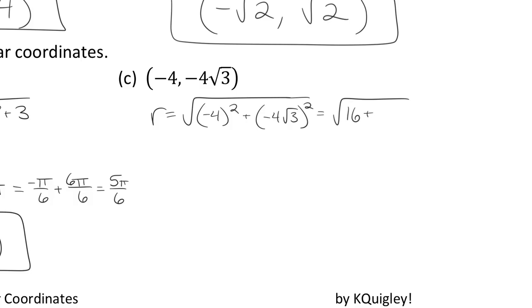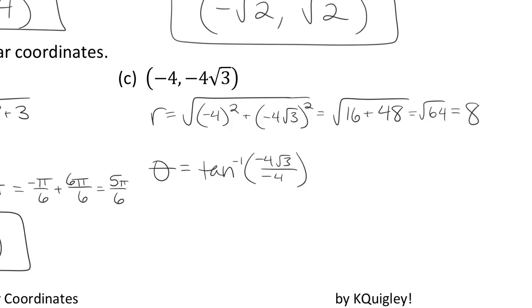So we do 16 times 3, which, yes, I expect you to be able to do in your head, is 48. Can I leave you here? Yes. Great. I'm going to fast forward us even if you're not finished. So when you add these together, what do you get? 64. And what is the square root of 64? 8.